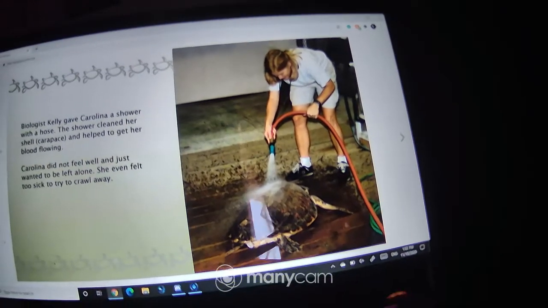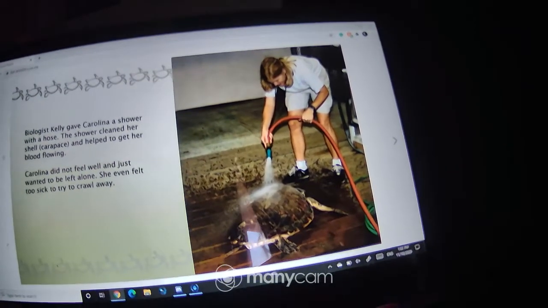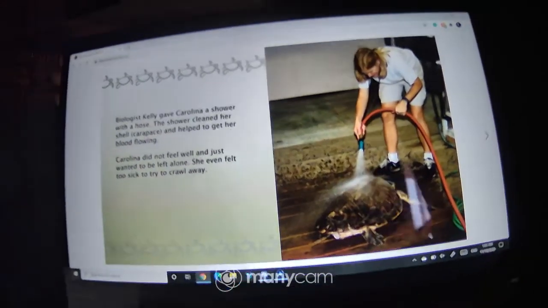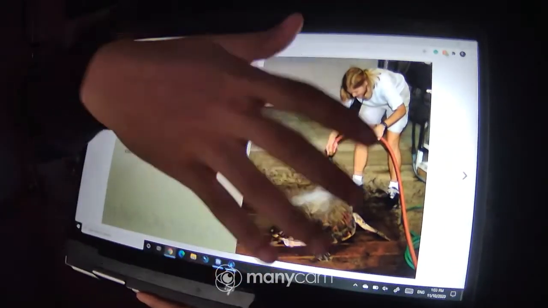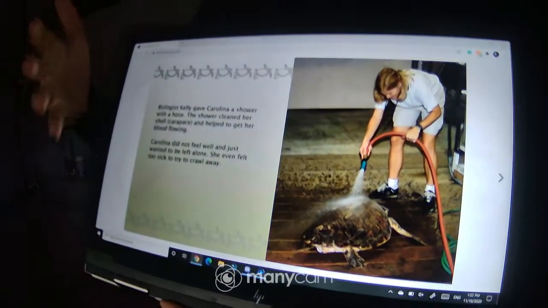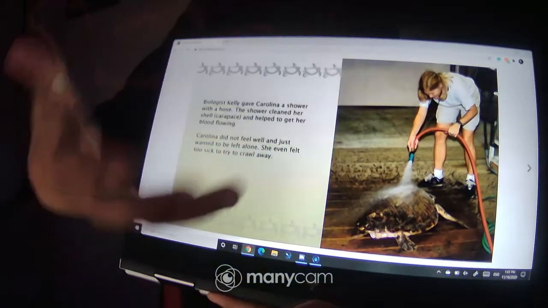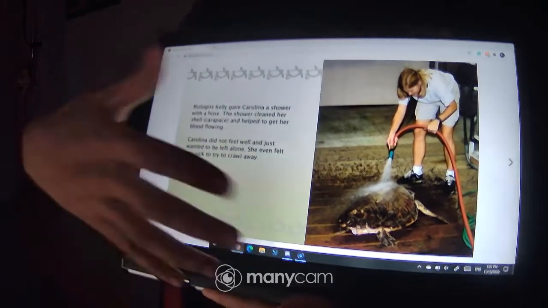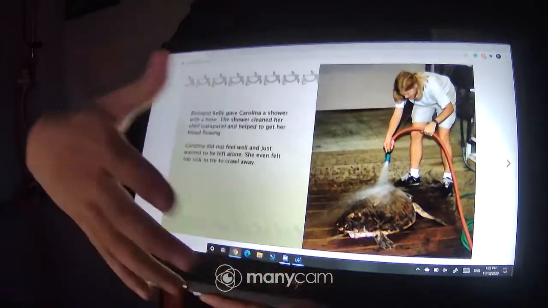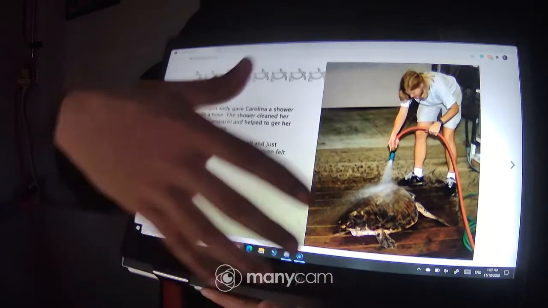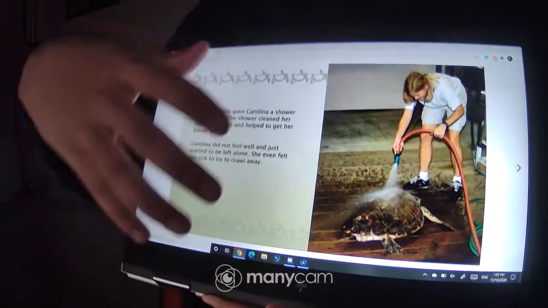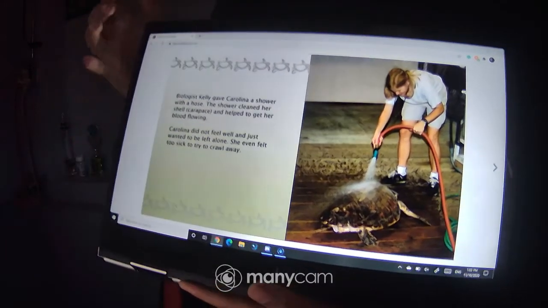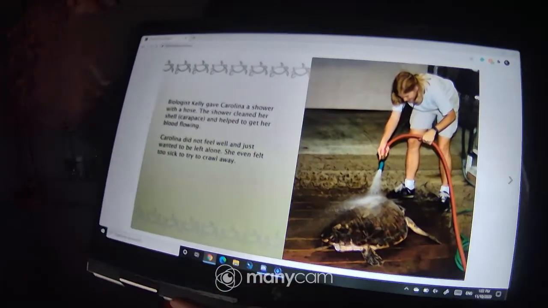Carolina did not feel well and just wanted to be left alone. She even felt so sick that she tried to crawl away. So the assumption that we made from the picture was wrong. She wasn't enjoying being cleaned, there was still something wrong with her. She didn't want to be there with the person that was cleaning her, and she didn't even have the strength to crawl away. She was still so sick.